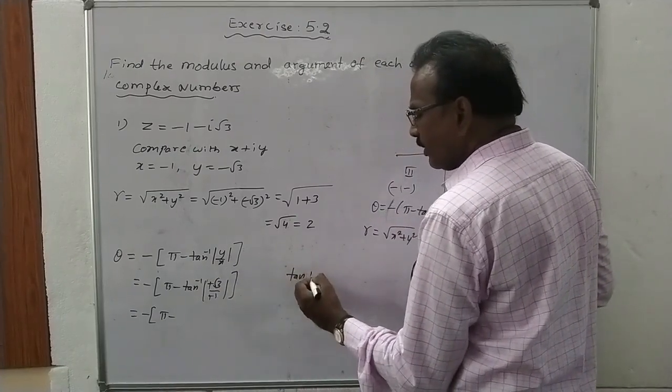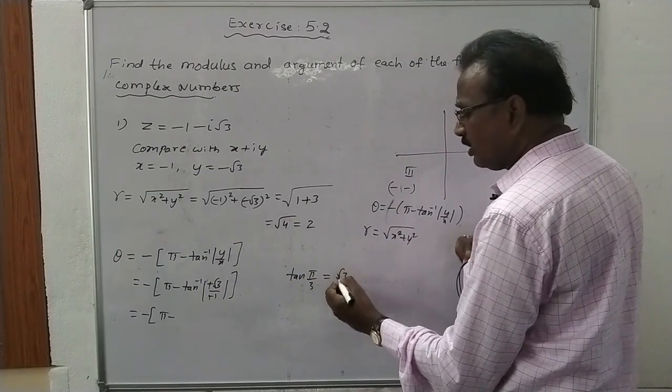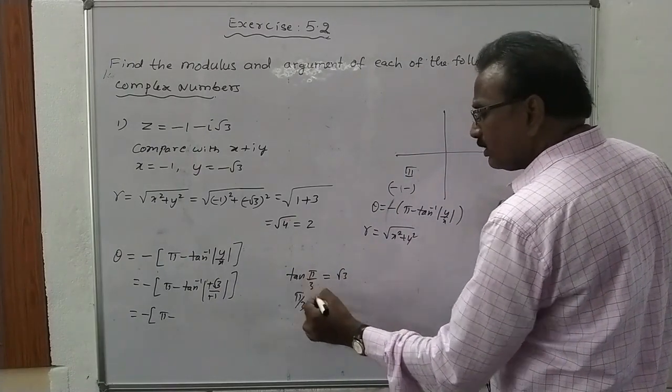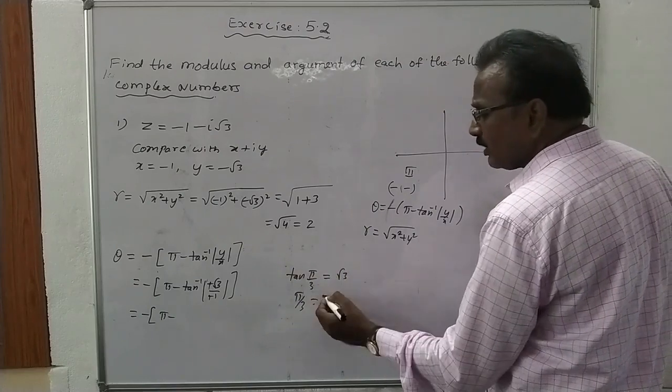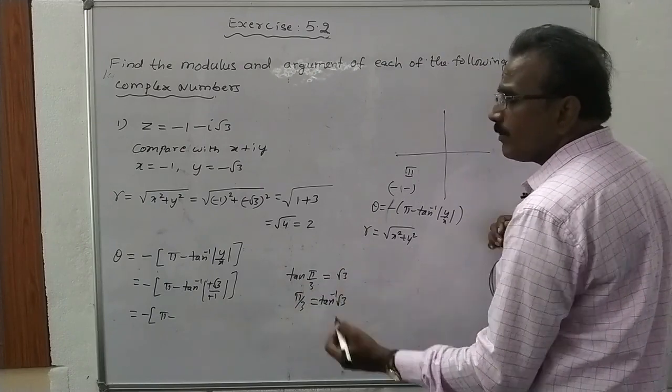Now tan pi by 3, tan 60 degrees, is equal to root 3. Therefore tan inverse root 3 value is pi by 3.